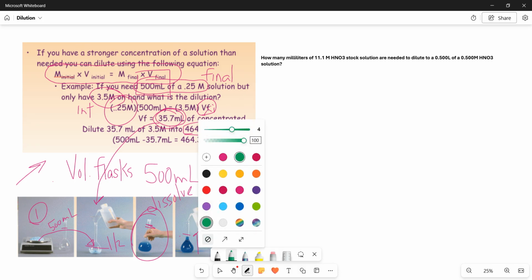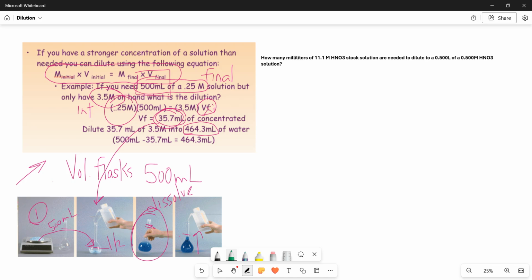Okay, so let's look at a dilution question over here and solve it together, just so that we make sure we understand the problem that we are doing here with dilution. It says, how many milliliters of 11.1 molar nitric acid stock solution are needed to dilute to 0.500 liters in a 0.500 molar solution?